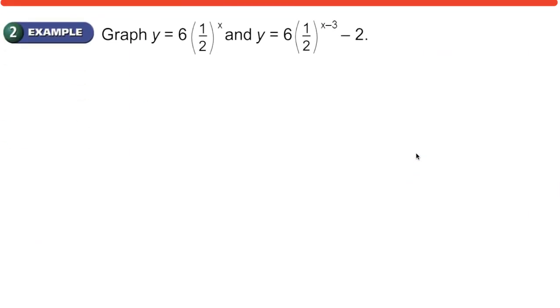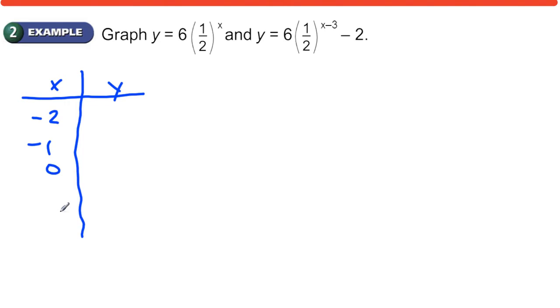So we're going to graph y equals 6 times 1/2 to the x minus 3, minus 2. Okay, what they want you to do is to start marking on the paper instead of just pretending like you have imaginary ink or invisible ink, whichever. So we have x and we have our y. Go ahead and do -2, -1, 0, 1, 2.